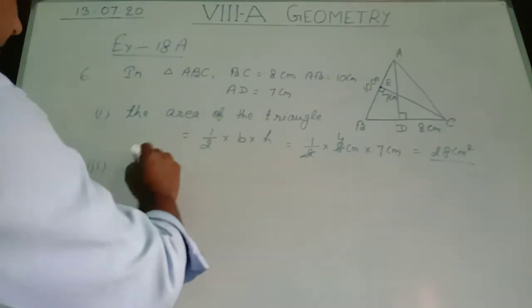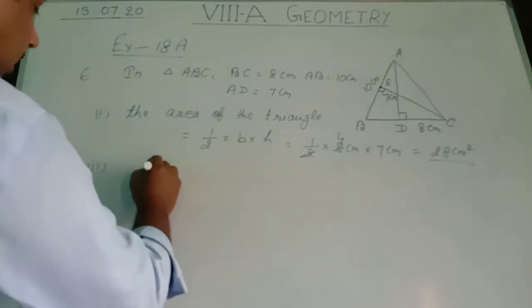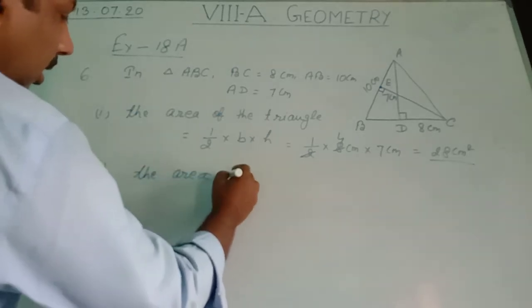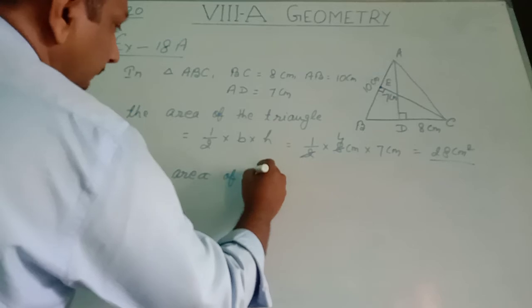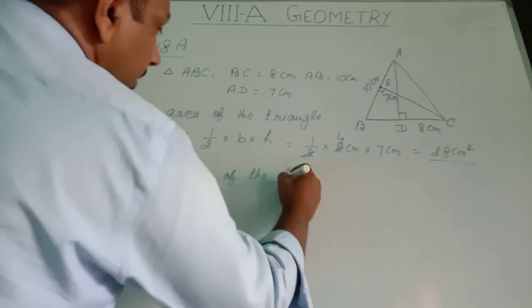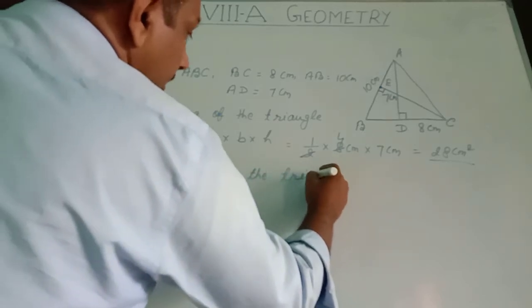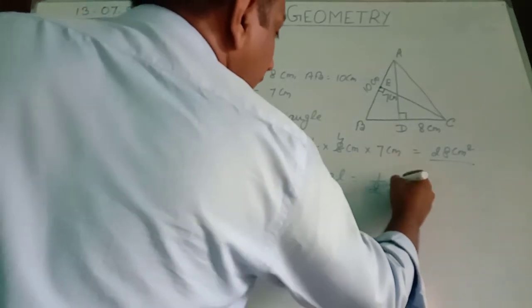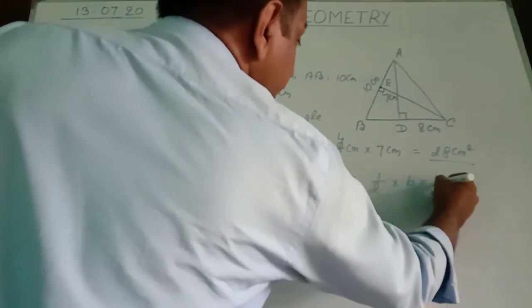So for that we write the area of the triangle equal to formula half into base into height.